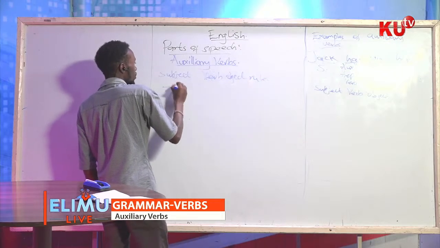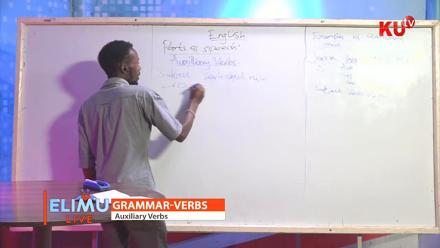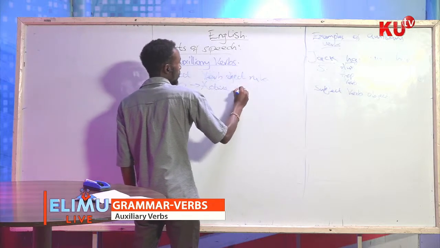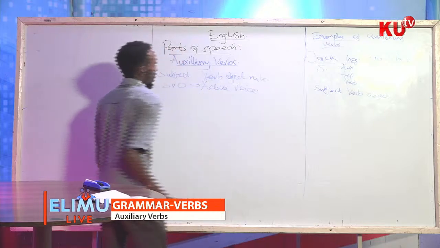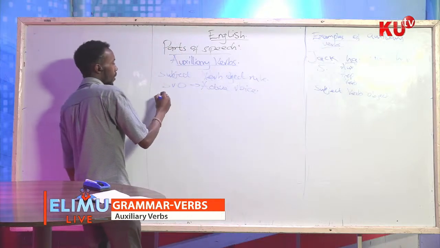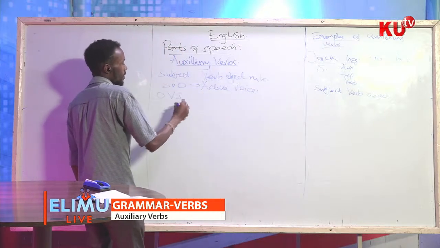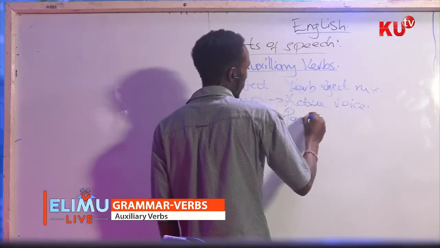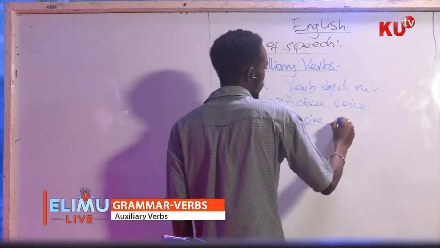So SVO is active voice. Then we have the OVS. This is when we have the passive voice.